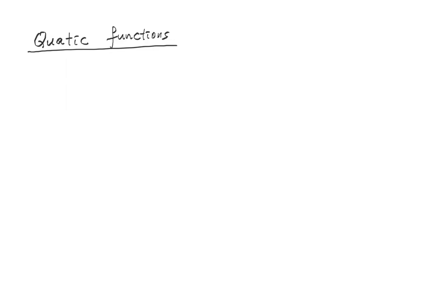Correct? Linear, how many x-intercepts? 1. Quadratic, maximum 2 x-intercepts, 1 turning point. Cubic, maximum 3 x-intercepts, 2 turning points. Quartic, maximum 4 x-intercepts, and maximum 3 turning points.